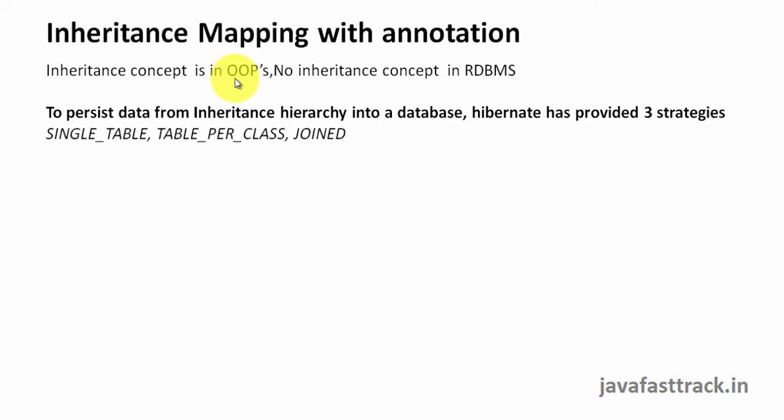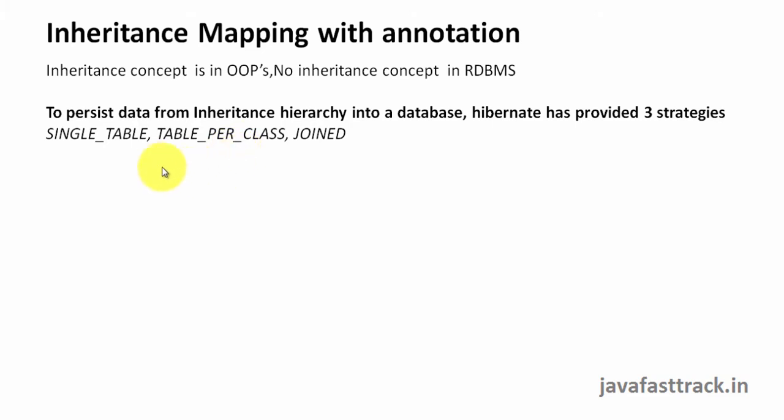One is called the single table strategy, meaning the data from the whole hierarchy, all the data, Hibernate will try to store in a single table. The data from all the classes in the hierarchy, Hibernate will store in a single table. That is called the single table strategy.